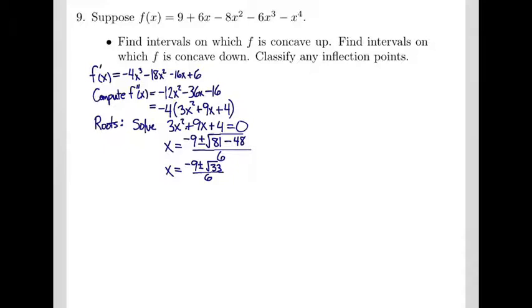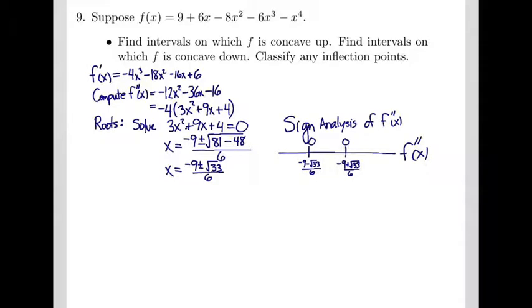And so I now can do a sign analysis of f double prime. So I created a number line. I marked down my two supercritical points. Those are roots. And then I noticed that my second derivative is quadratic with a negative leading coefficient, so its signs will be minus, plus, minus. And I now interpret those to figure out concavity.